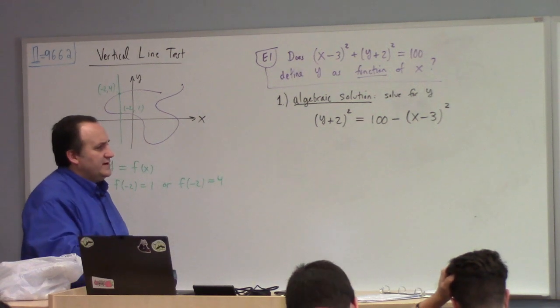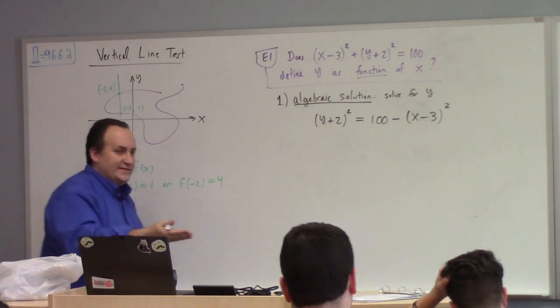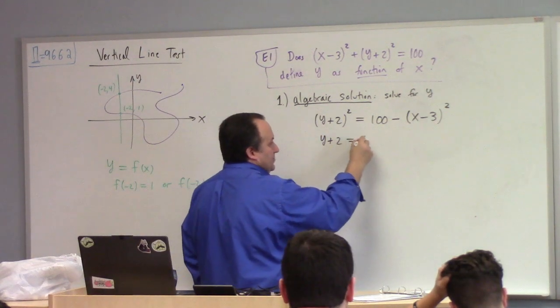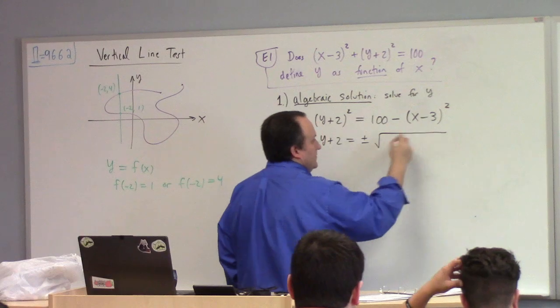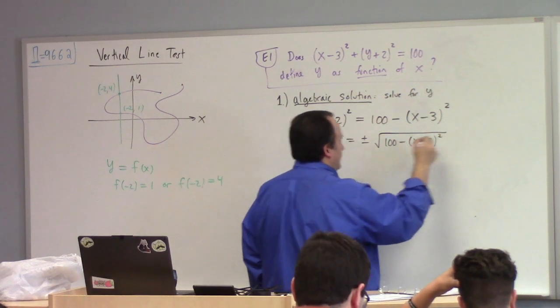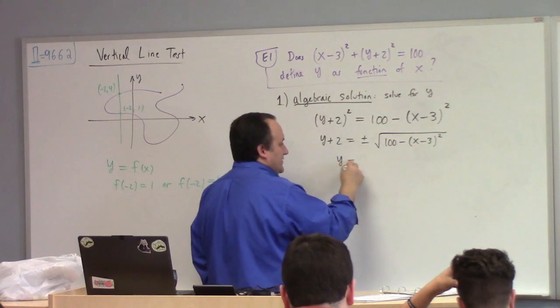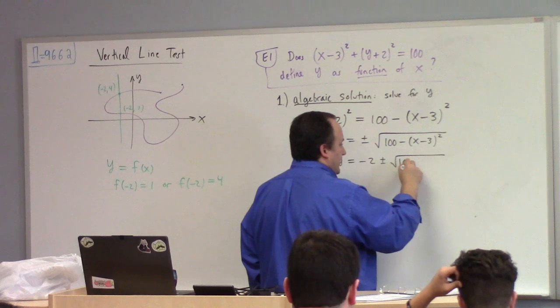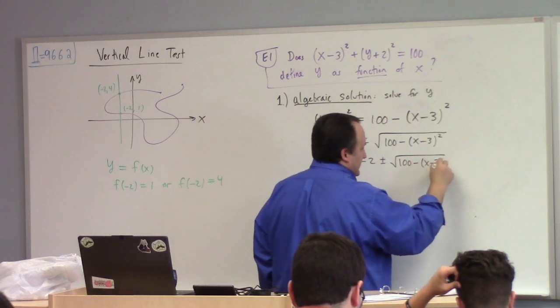So we take the square root of the equation. Remember, we have to allow for plus minus, yeah? So this gives me y plus 2 is plus or minus the square root of 100 minus (x minus 3) squared, right? So finally, we've got y is minus 2 plus or minus the square root of 100 minus (x minus 3) squared.